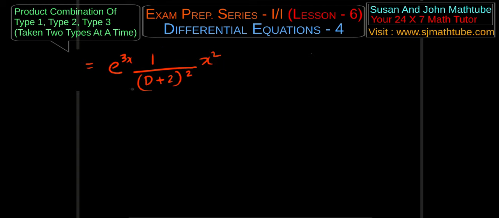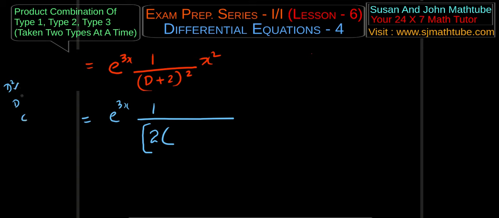Okay, now look at this. This is actually the particular integral of type 3. And the process is very easy, but you have to create 1 in the denominator. And for that, I'll take 2 outside, because I told you d square, d and constant. So the superior person is d square, and just beneath him d, and finally constant. So if you have d and c, then constant should go outside.